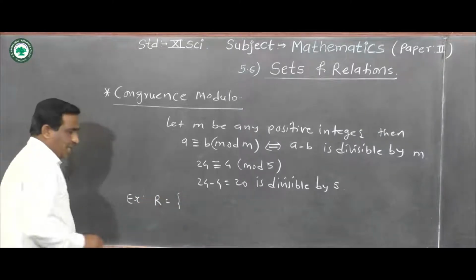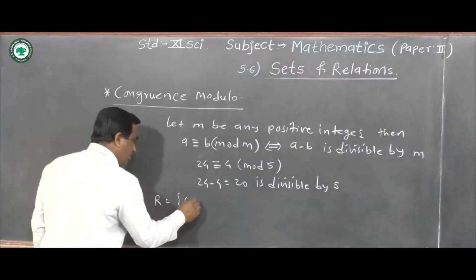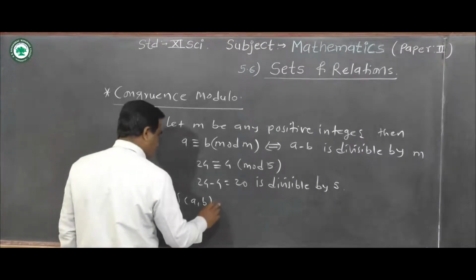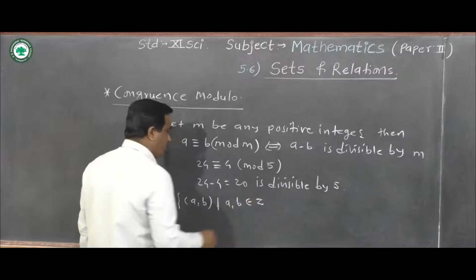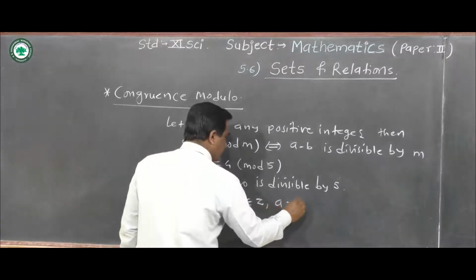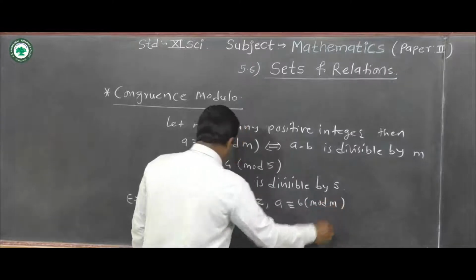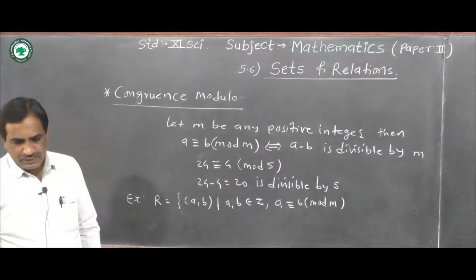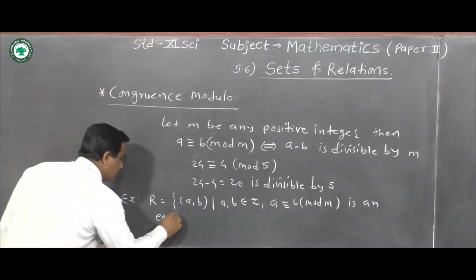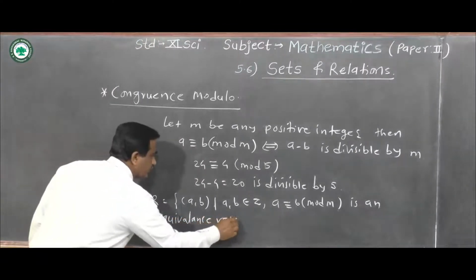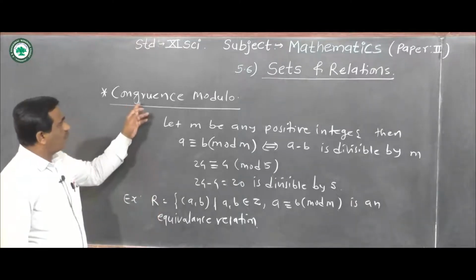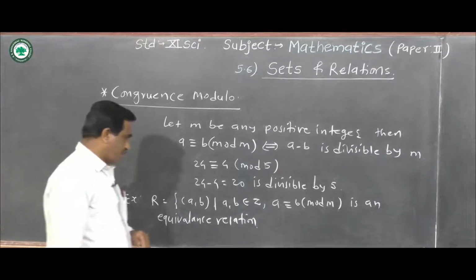Suppose relation R is equal to the set of ordered pairs (A, B) such that A, B belong to Z, the set of integers, and A is congruent to B modulo M. We have to show that this R, which is the congruence modulo relation, is an equivalence relation. Now the answer for this.